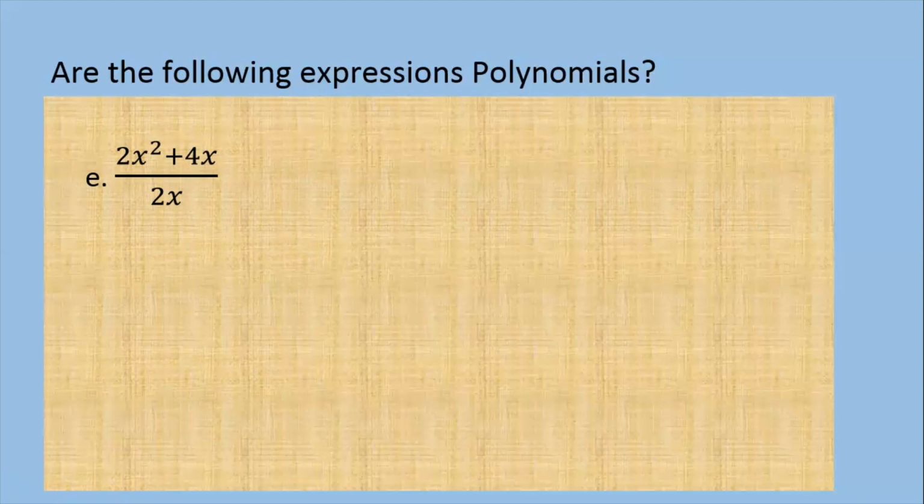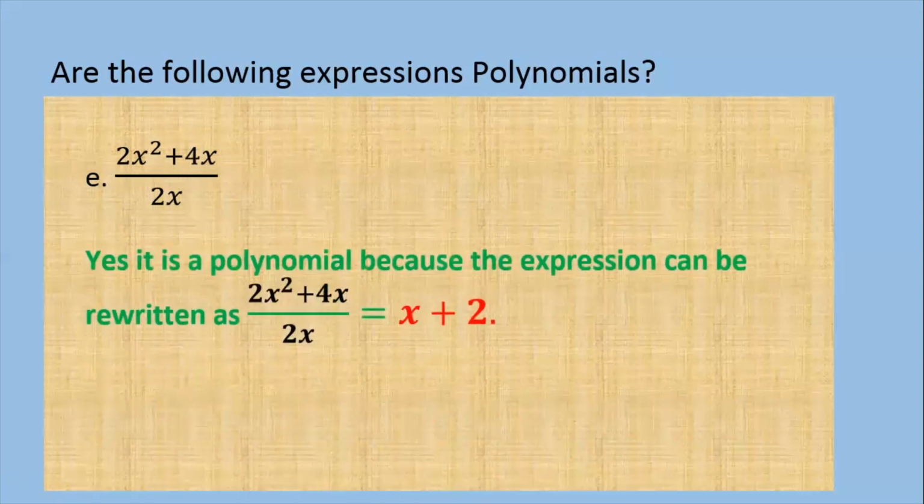But if we look at this expression carefully, we can divide the 2x squared by 2x, and we can divide the 4x by 2x, okay? So if we divide the numerator by 2x, we shall get x plus 2. So is this now a polynomial? Yes, it is a polynomial.